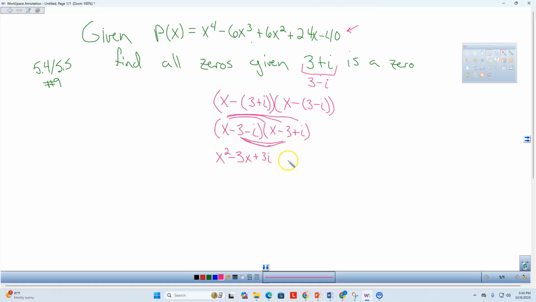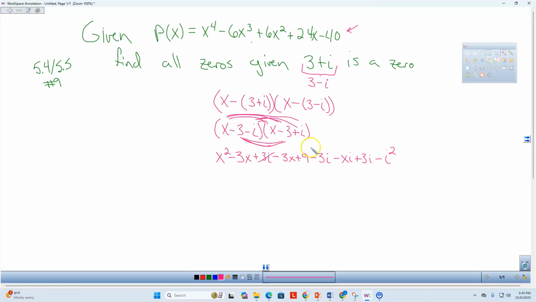Minus 3x plus 9 minus 3i, and then my i's have to hit each one, right? Minus xi plus 3i minus i squared. Yikes, that's a lot. Alright, hopefully some stuff cancels and my i's go away.